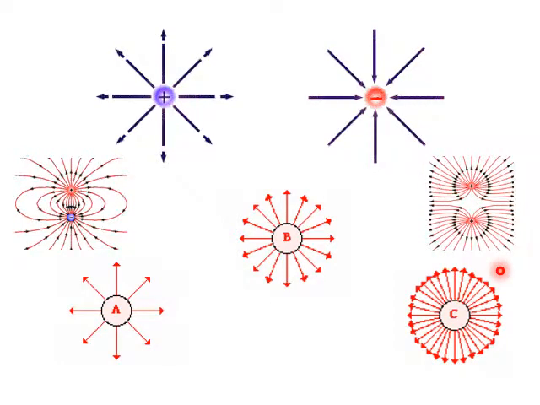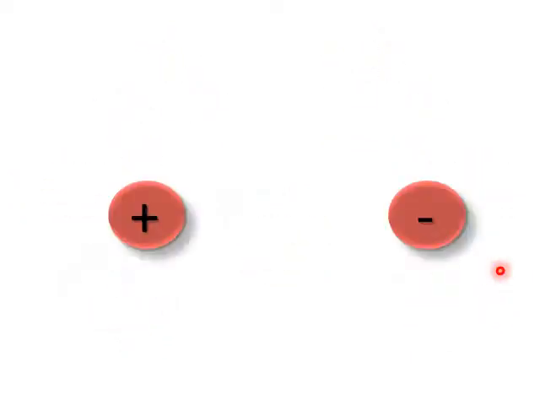Now there is something which we should not forget here. Consider two equal and opposite charges, and let us consider just one field line for this. What if we have some point charge, maybe a unit positive charge, placed at this point? What will it do? We know that the positive charge will push it away and the negative charge will pull it towards it, and so as a result it will experience force in the direction indicated by the tangent drawn at that point.